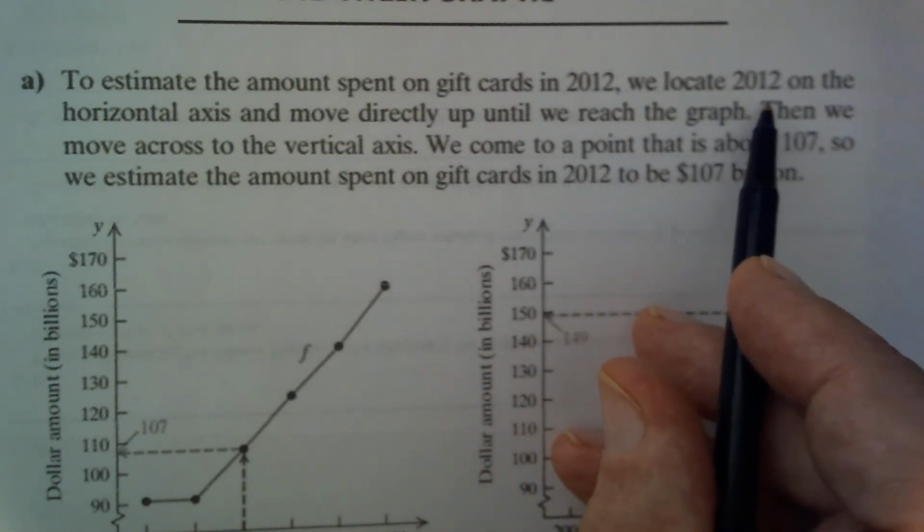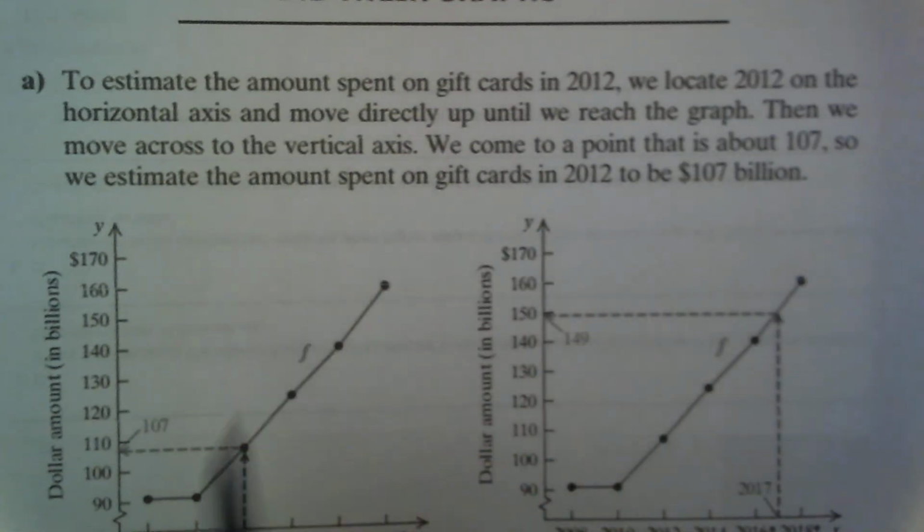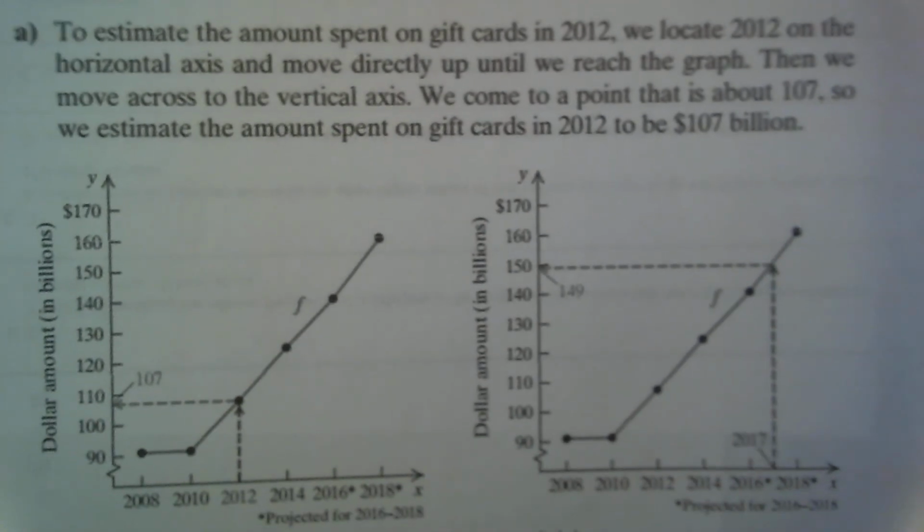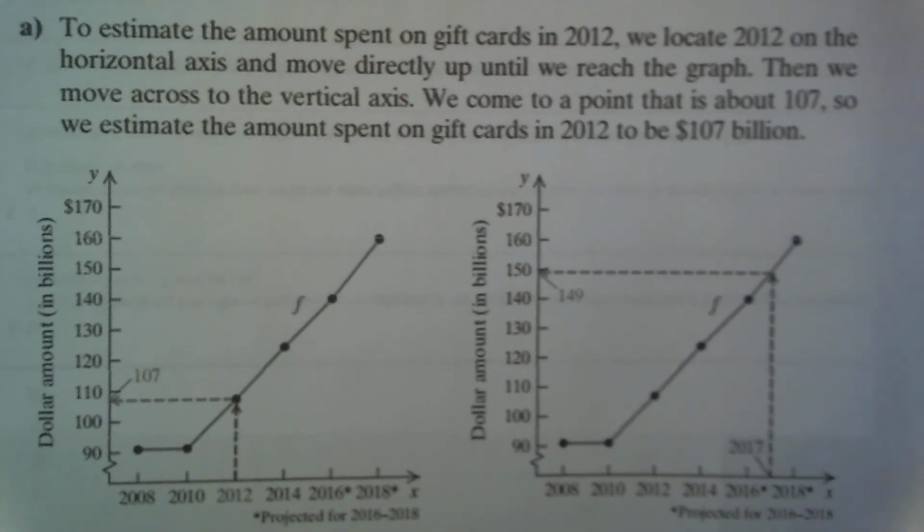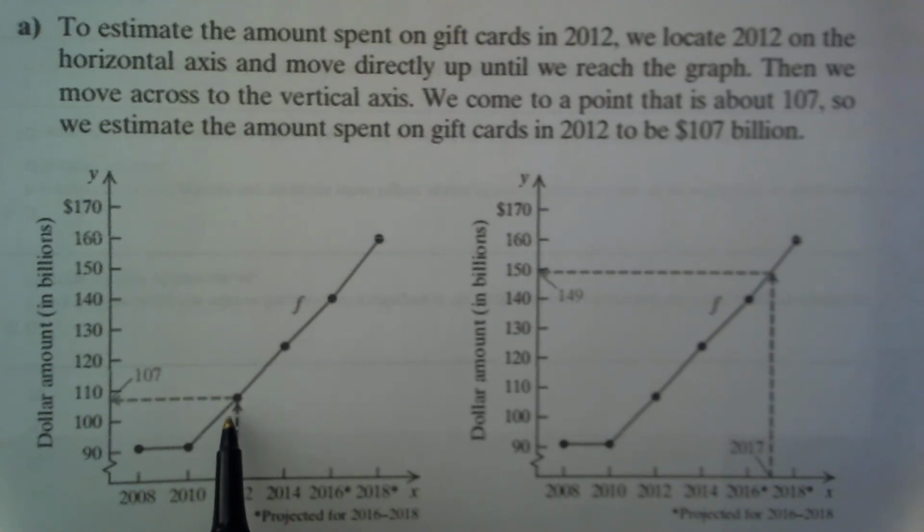We locate the year 2012 on the horizontal axis, which, by the way, is an important little detail, that in almost all cases, time is on the horizontal axis. And there's a reason for that, because that's also called the independent variable. Okay, so here's 2012, and we draw a vertical line until it meets our graph of the function.